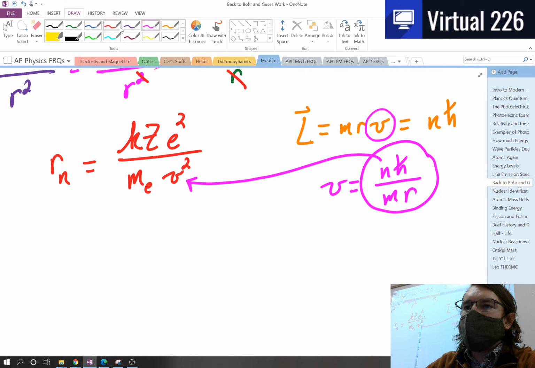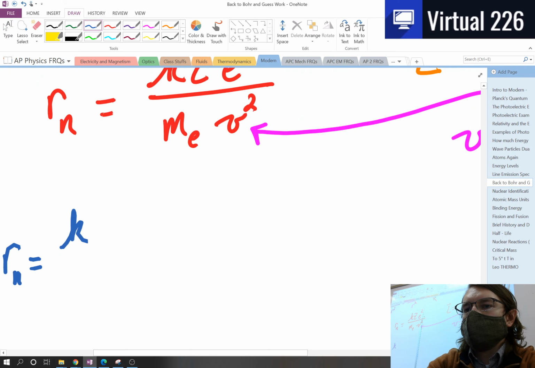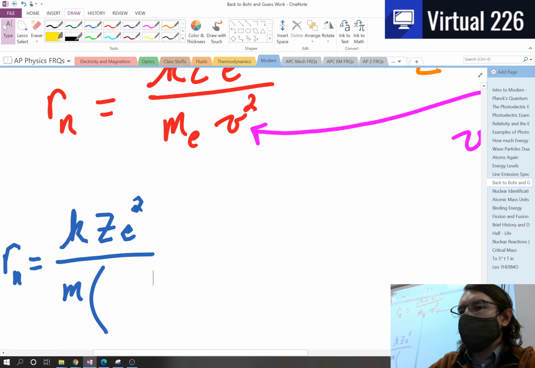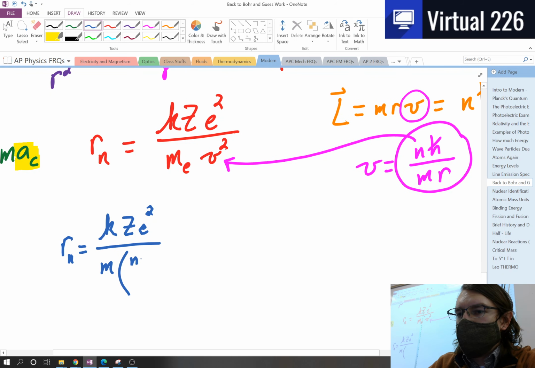So what we now can get is the following. We can say r_n is equal to k z e squared divided by m times the quantity of n h bar over m r, squared.